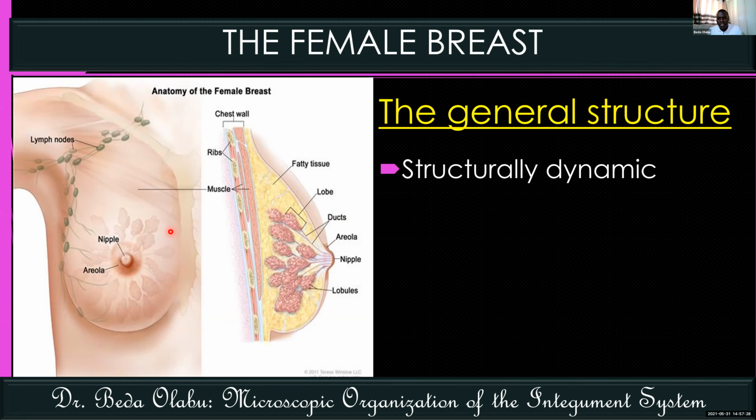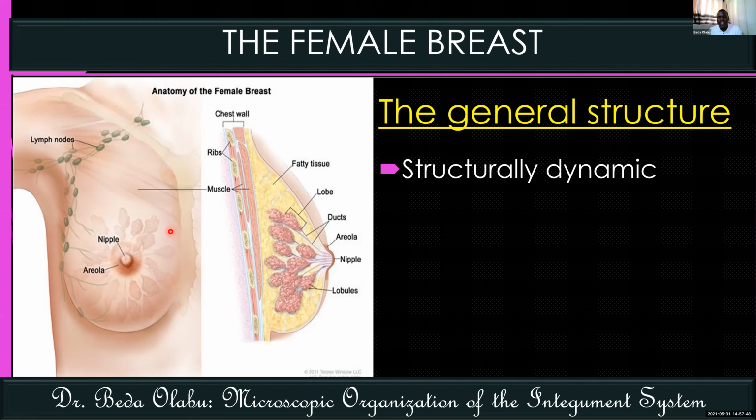And even in terms of breastfeeding, you could be 35 years old and you've only breastfed once, and another one could be 35 years old and she has 10 children. The structure of the breast will be very different. So it is structurally dynamic.